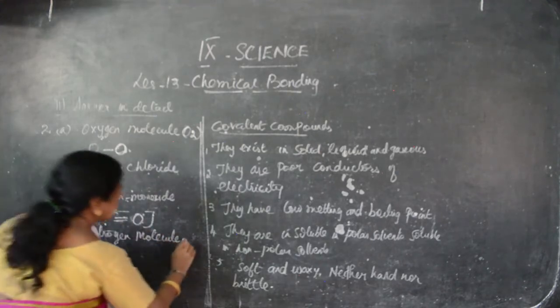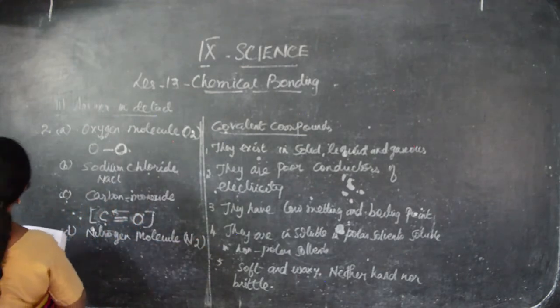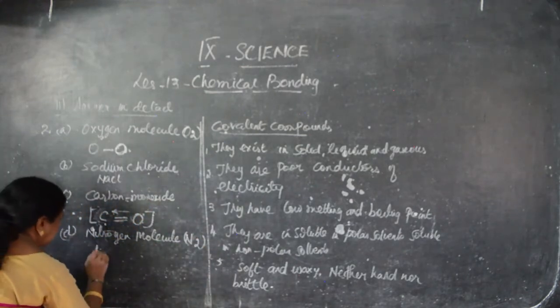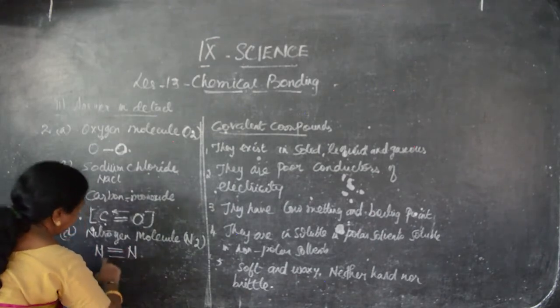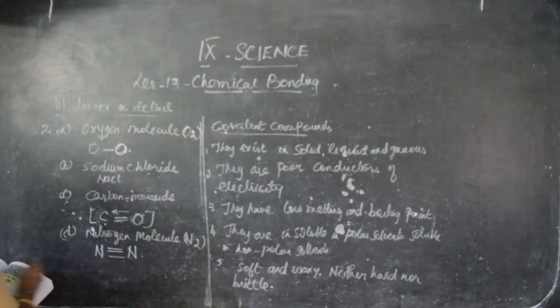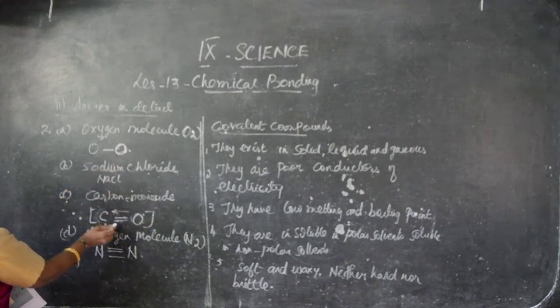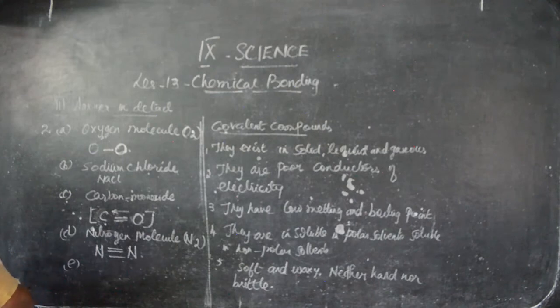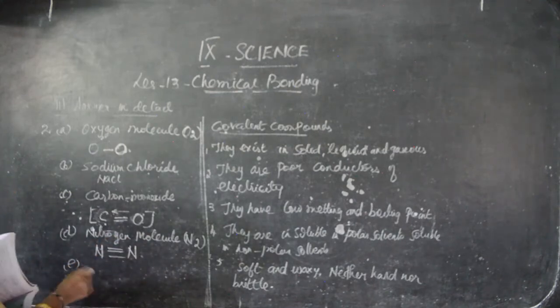The formula is N2, N triple bond N. Here nitrogen molecule is connected by triple bond.